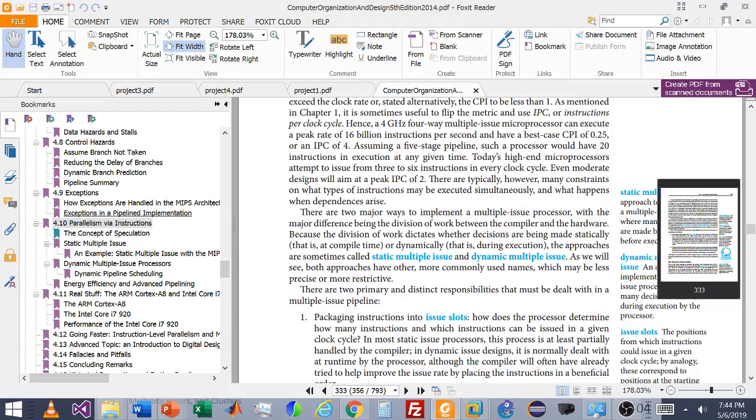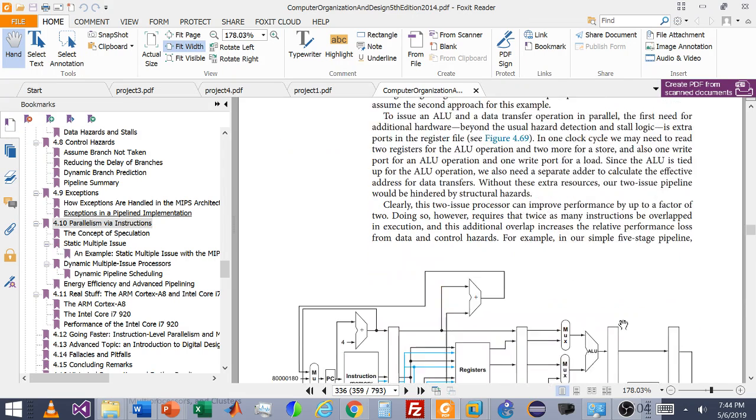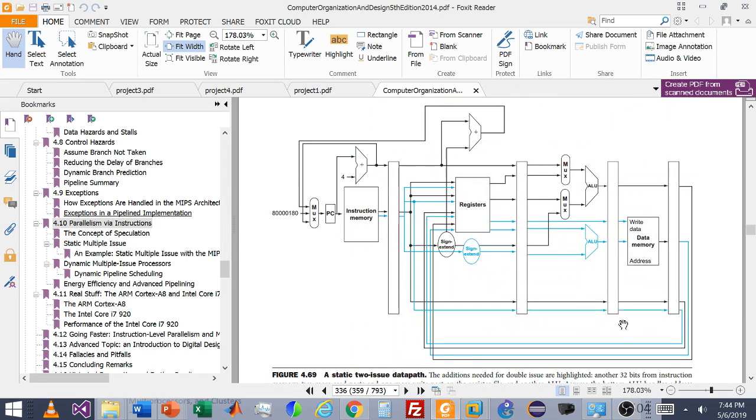So what that might look like, they do a pretty good picture right here, is we take, and this isn't the fully developed MIPS CPU data path, but it's simplistic, our standard data path and we duplicate it.